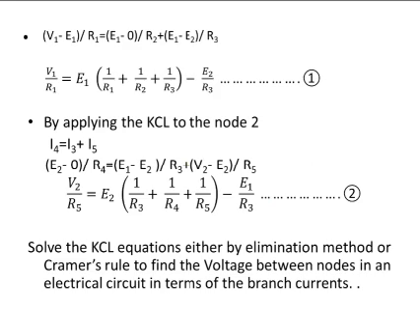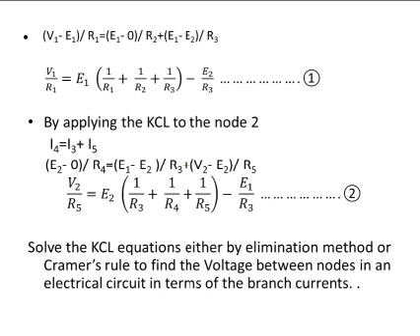Similarly, for I3, E1 is the starting point and E2 is the ending point, because the direction of current is from E1 to E2. That means I3 equals (E1 minus E2) divided by R3. So E1 is at a higher potential compared to E2. By solving, we get equation 1.